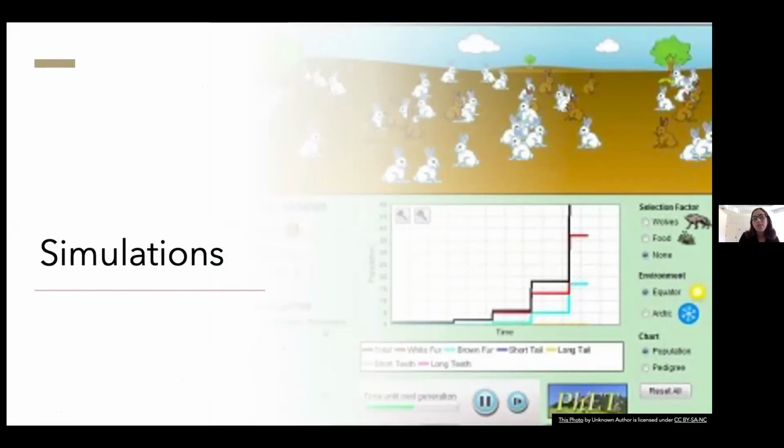Use the chat feature, have them unmute the microphone, let them share their screen, let them interact with each other, ask them questions as they're doing the simulation to, again, embed that inquiry into these activities, because the simulations on their own will not be inquiry-based. What will be inquiry-based is you adding those extra elements to help them get there, to help them see the answers for themselves and interact with each other to figure out those answers.